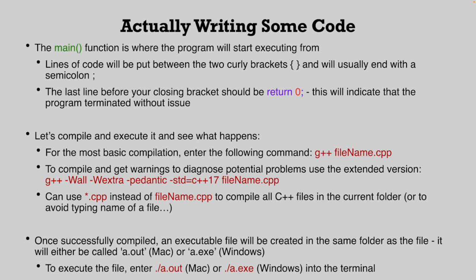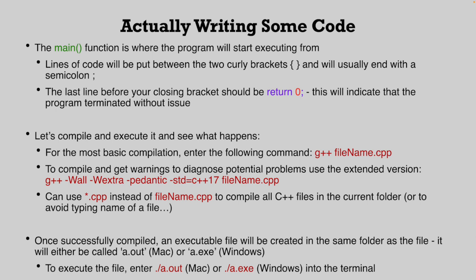I'll have both of these in the description too, so you can copy and paste them, and after you use them once, you can use the up arrow to use them again if you need to. Also, instead of your file name, you can use asterisk .cpp to avoid always having to change the name of the file whenever you're compiling different files.